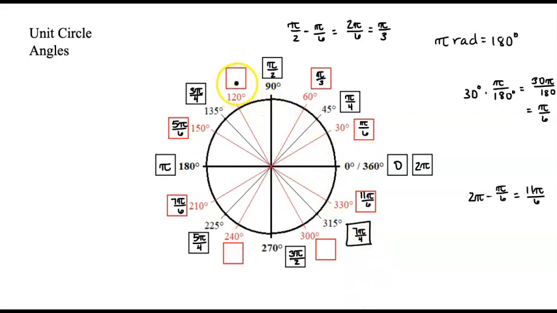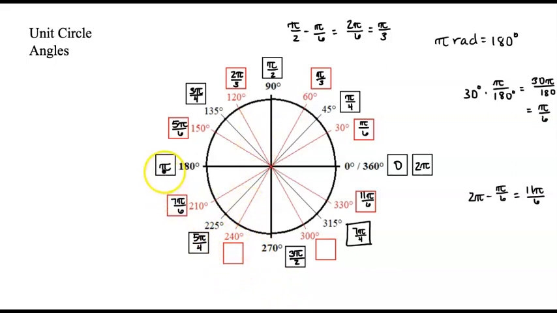In the same way with this 120 degrees, if we add pi over 6 to pi over 2, well, that's really 3 pi over 6 plus pi over 6, which is 4 pi over 6. And we're always going to simplify our fractions and call that 2 pi over 3. For this 240 degrees down here, well, we can either go pi plus pi over 3, or we can go 3 pi over 2 minus pi over 6, however we want to find this angle.